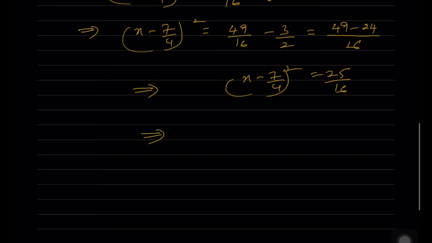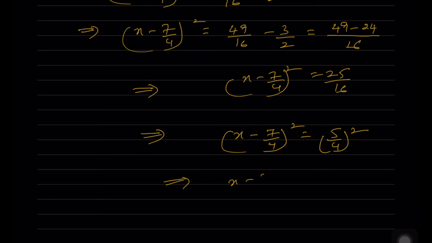Now if you remove the square over here, you can write this as 5 by 4 whole square, which implies x minus 7 by 4 is equal to plus or minus 5 by 4.